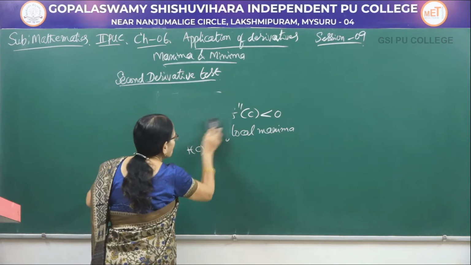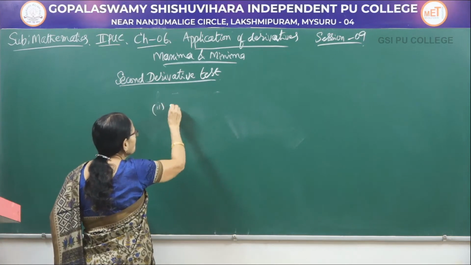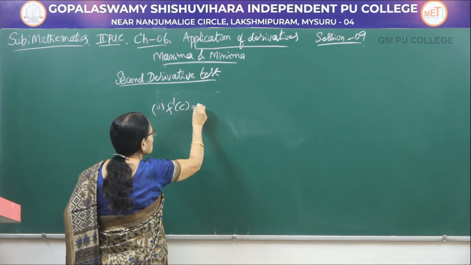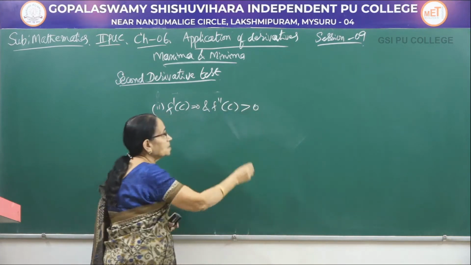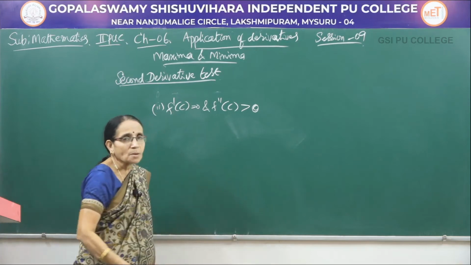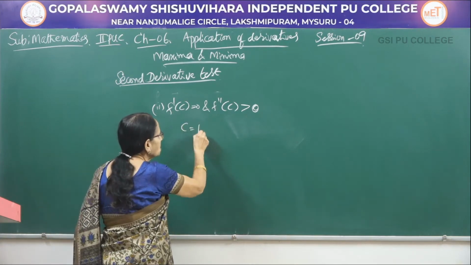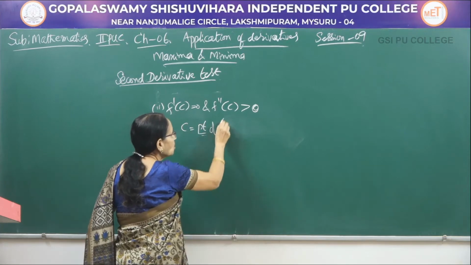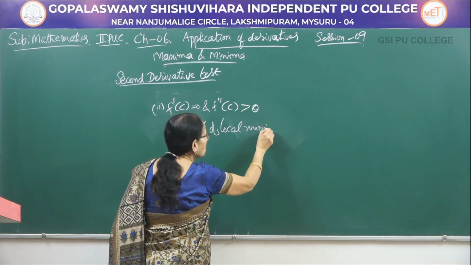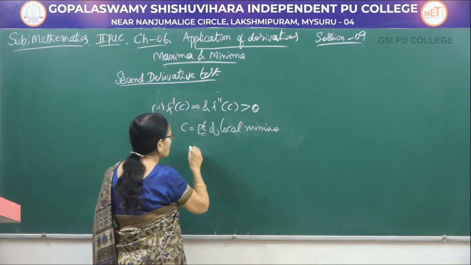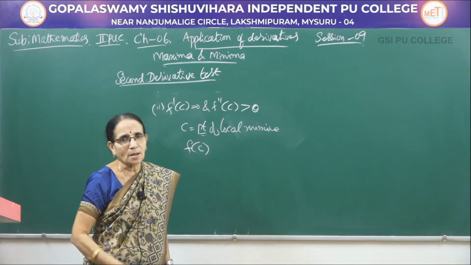Similarly, the second case is if f dash C equal to 0 and f double dash C is greater than 0, that is, it is a positive quantity, then we call C a point of local minima, and f of C is called the local minimum value.